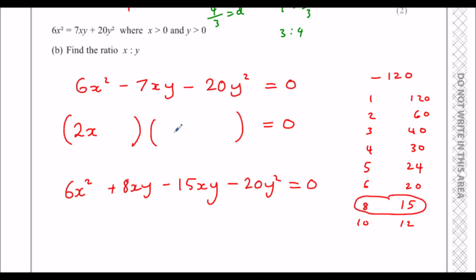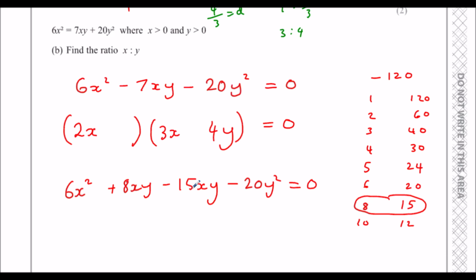So 2x times something gets me 6x squared. 2x times 3x will get me 6x squared. 2x times something will give me 8xy. 2 times 4 is 8, and 2x times y gives me xy.